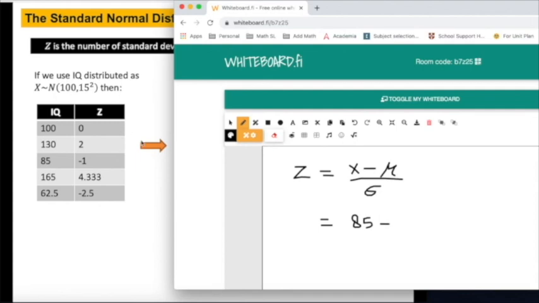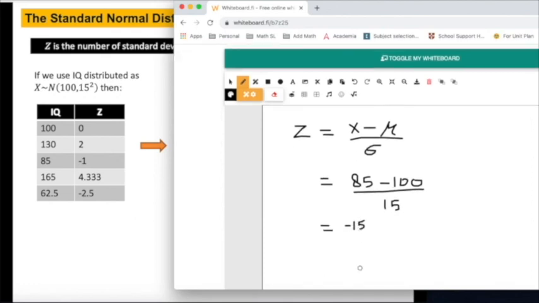The mean is 100, divided by the standard deviation, which is 15. So 85 minus 100 is minus 15, over 15. That's equal to negative 1.